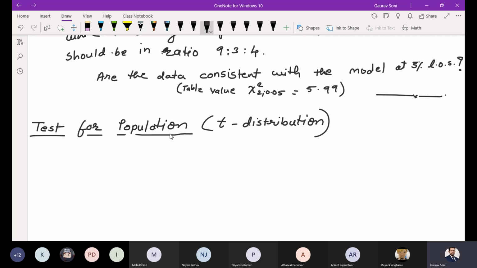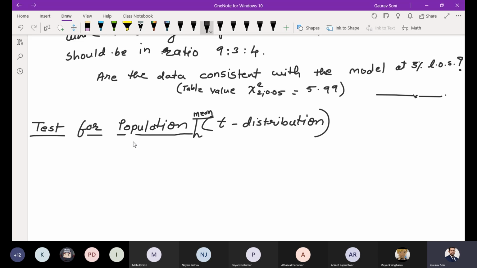In this case, we are going to test for population mean. In the previous case, we were looking at the fitting of a particular distribution, but here we are going to look at the population mean.